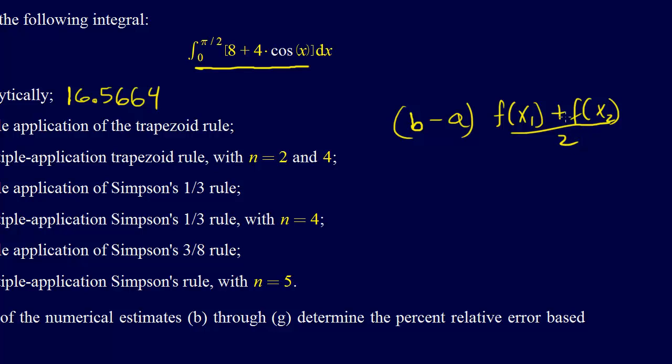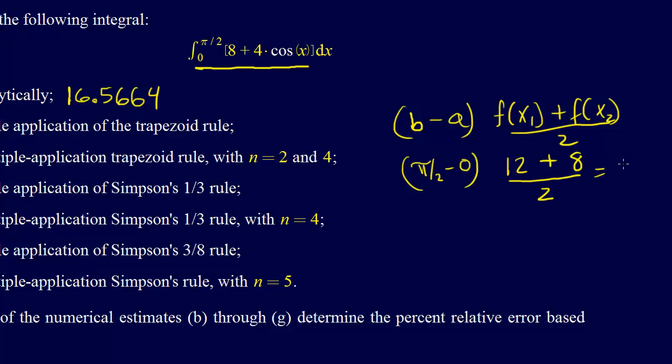Writing it out, that will be pi halves minus 0 times f at x1, evaluated at 0. The cosine of 0 is 1, so that's 8 plus 4, which is 12, plus f at x2, which is 8 plus 4 times the cosine of pi halves, which is 0, so that's 8, all over 2.